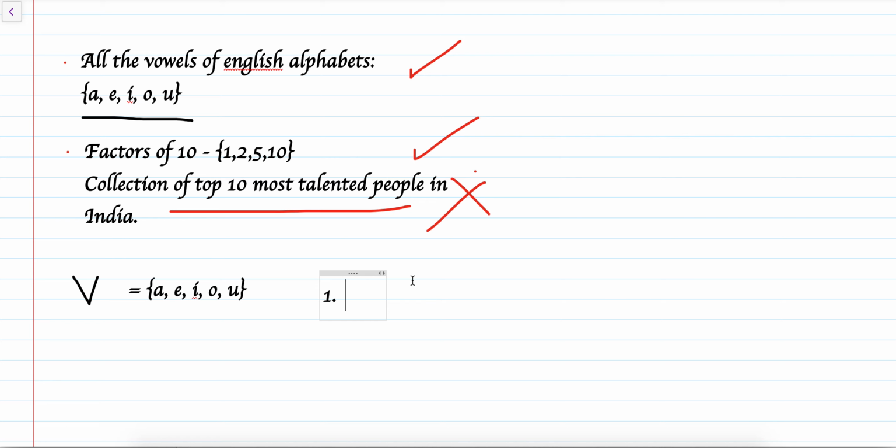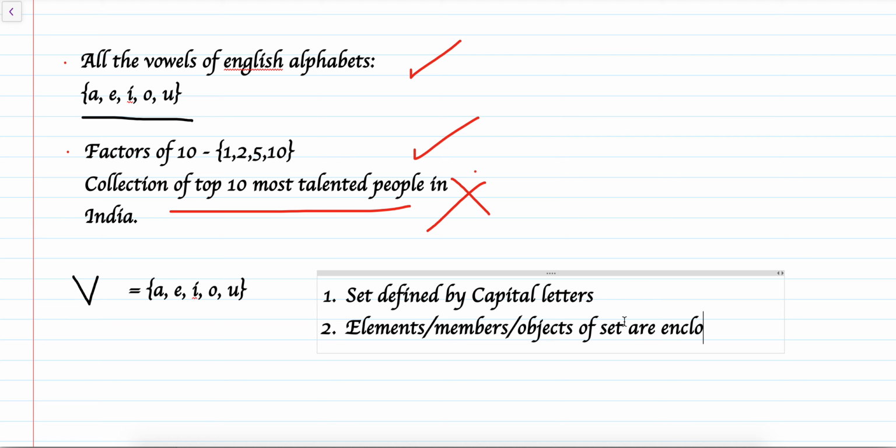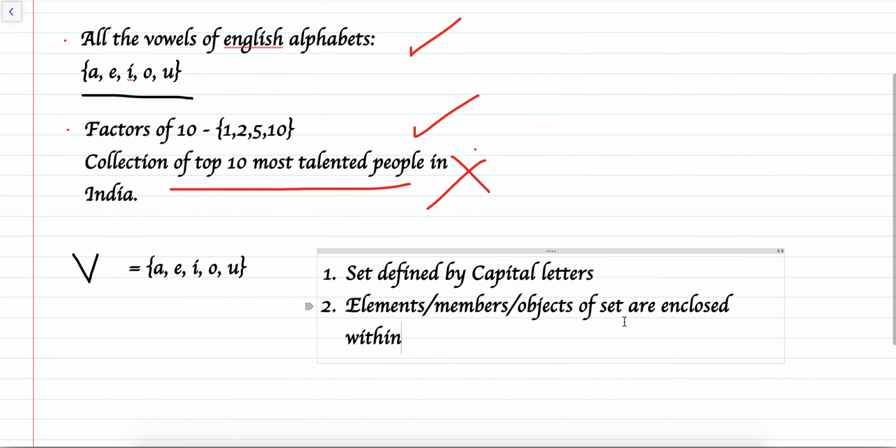So the first rule was capital letters, and the second rule was that elements, or we can say members, or we can also say objects, all are same, so objects of a set are enclosed within curly braces. So this was our second rule.